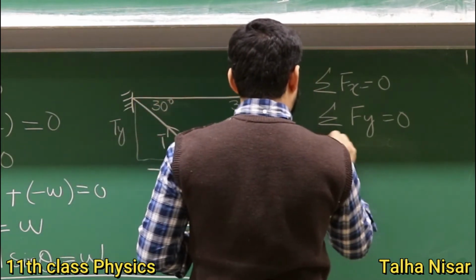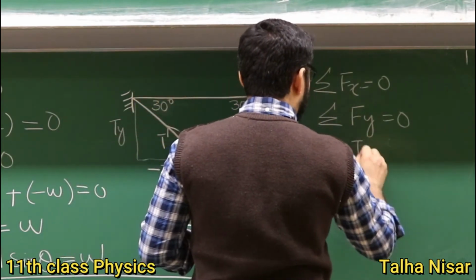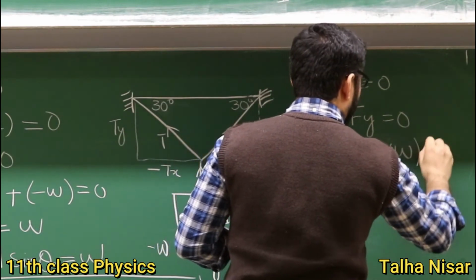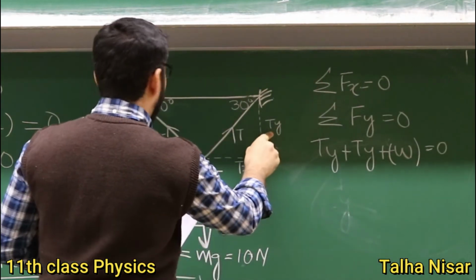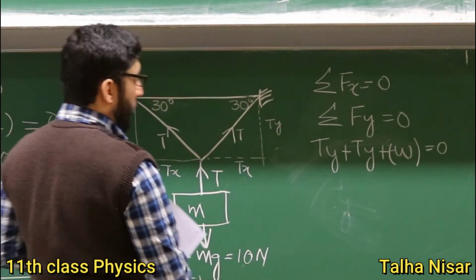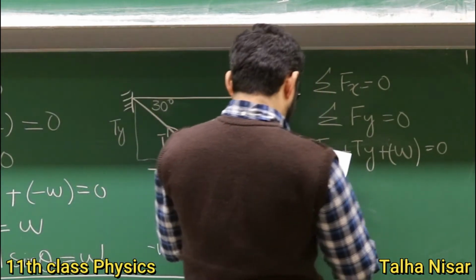So again we have the Ty plus minus the weight of the object. We have this force in the y direction, we have this force in the y direction, and then we have the minus weight, which is in the opposite direction.